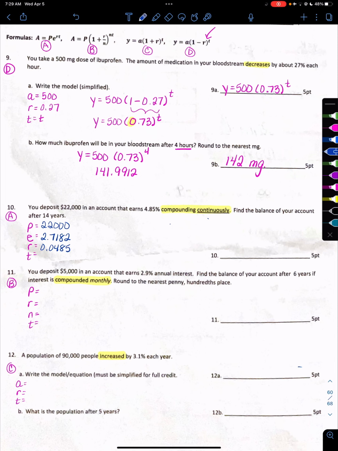And T is the time. They're telling us it is 14 years. So using that equation, A equals the principal times E to the power of R times T.